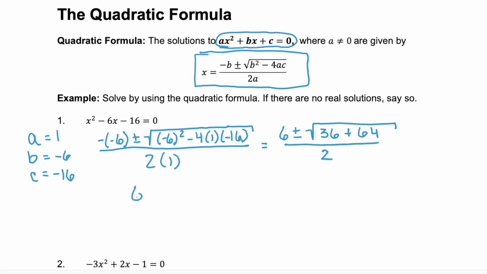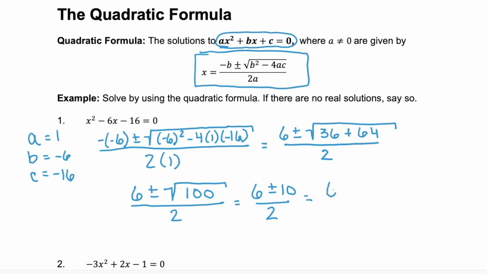Now we combine the radicand. 36 plus 64 is 100. We can take the square root of 100, so that's 6 plus or minus 10 over 2. Now remember that plus or minus in the middle tells us that we have two possible answers. We have 6 plus 10 over 2, and we have 6 minus 10 over 2.